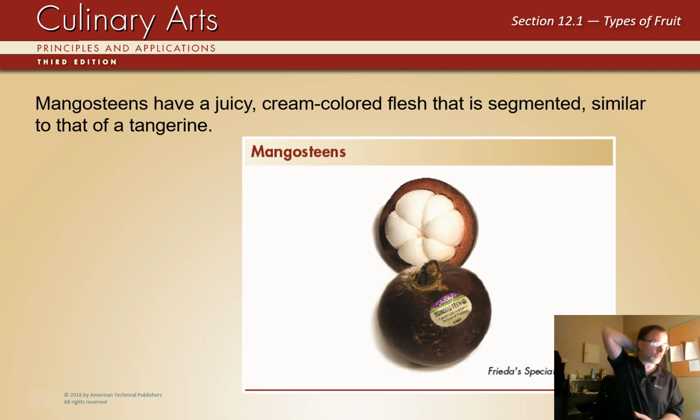The sweet tart flesh is segmented similar to a tangerine. Mangosteens must be ripe before being harvested as they spoil quickly. This prized fruit from Asia is eaten raw. So again, this is something that is probably only available in certain areas of Asia, because of the fact that it spoils so quickly.